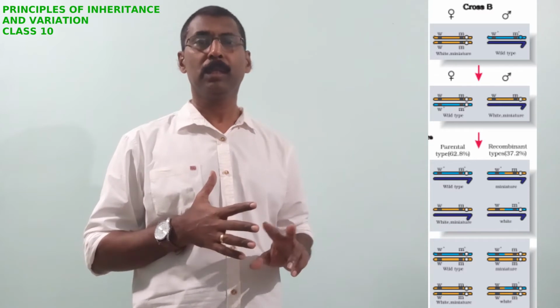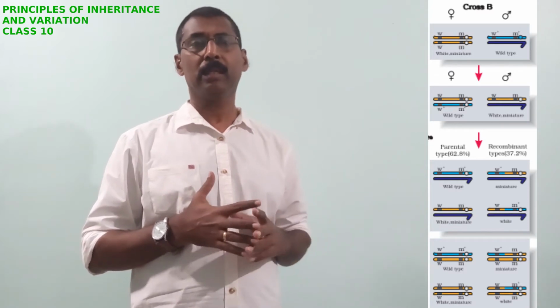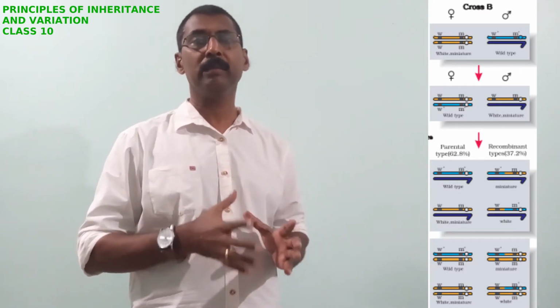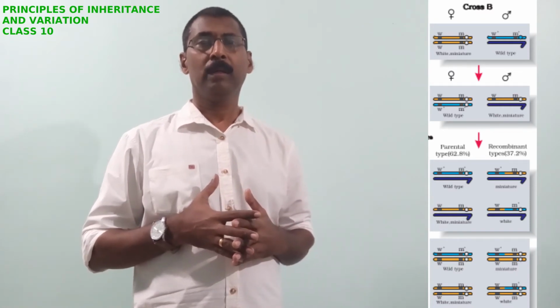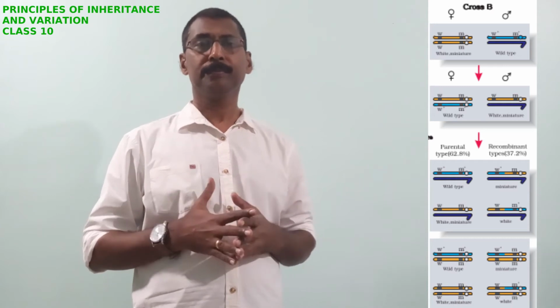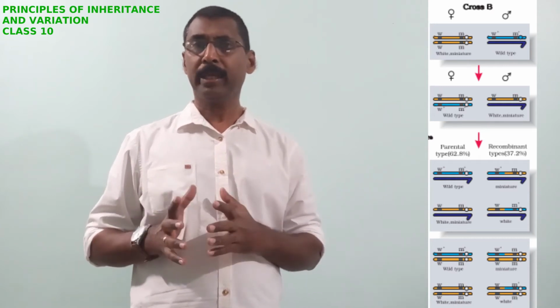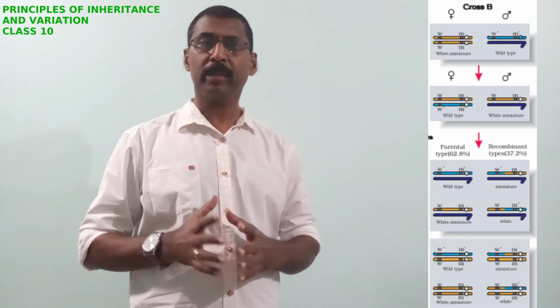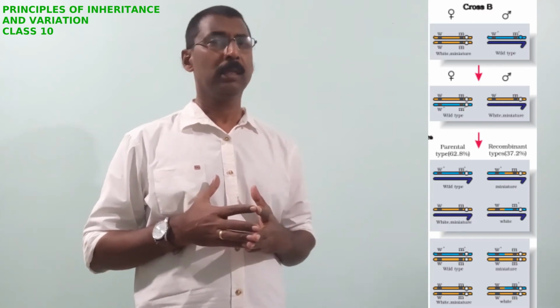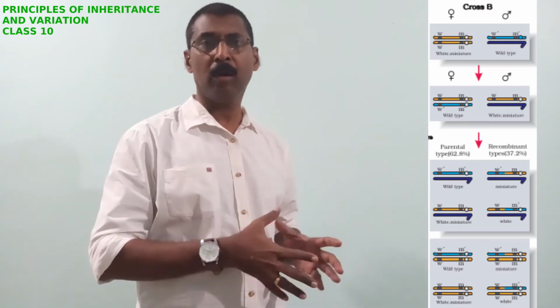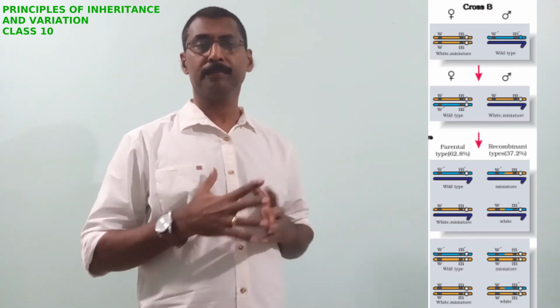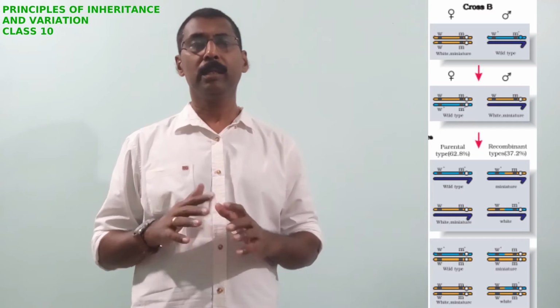So these two are the wild traits. That means the male is a wild variety. He crossed these two: the white-eyed miniature wing female was crossed with the red-eyed long wing male, and he obtained the F1.